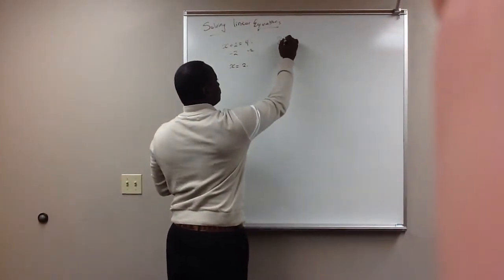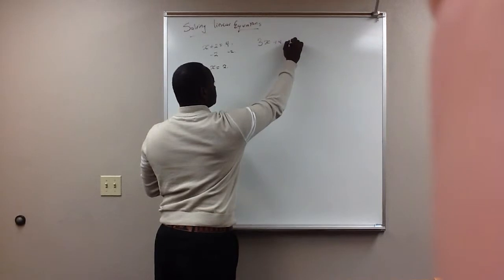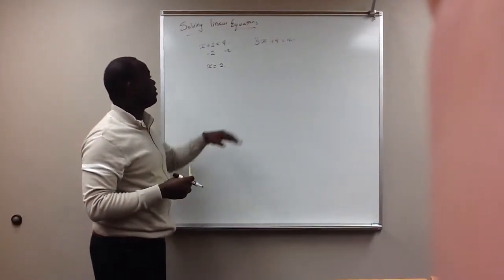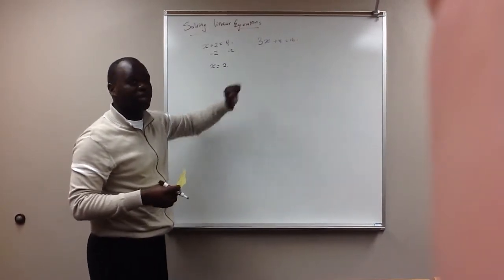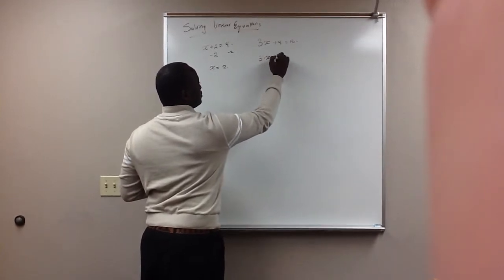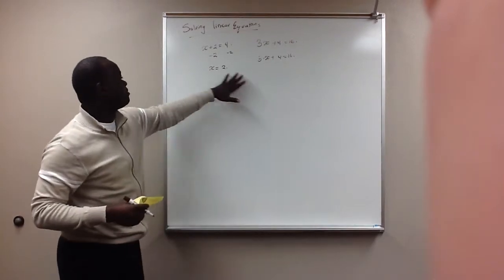For example, 3x plus 4 equals 16. Now here you have a multiplier of x, whereby x is multiplied by 3. So again, it's the same exact thing.